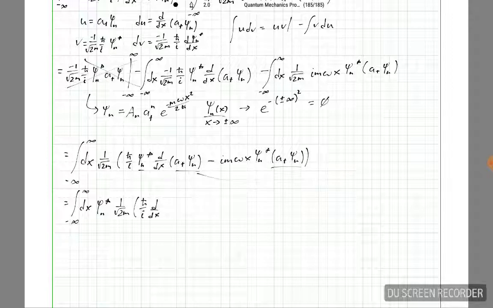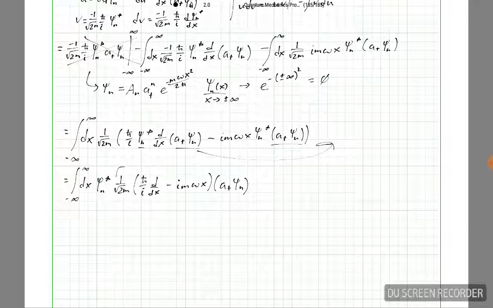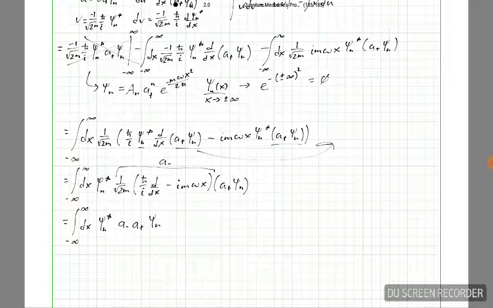I'm going to pull these guys out here, minus i m omega x, and then that's all acting on the raising operator on the wave function. This is now my lowering operator. So what I have here is the complex conjugate of the wave function times lowering operator, raising operator, psi n.